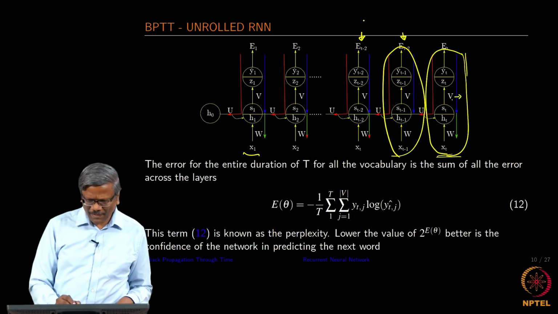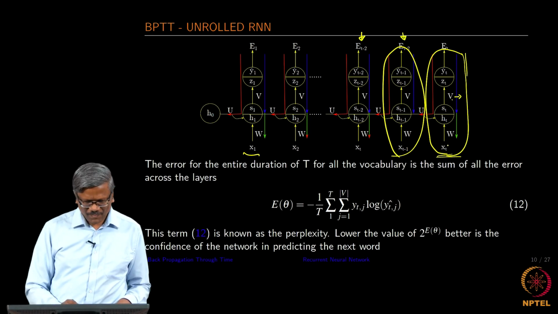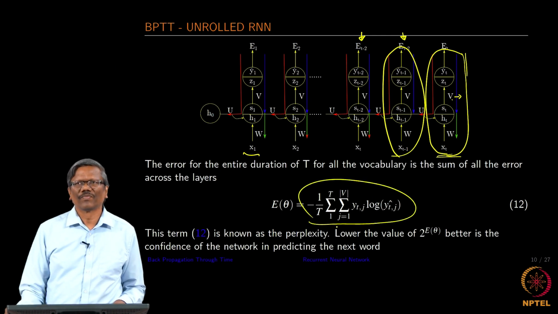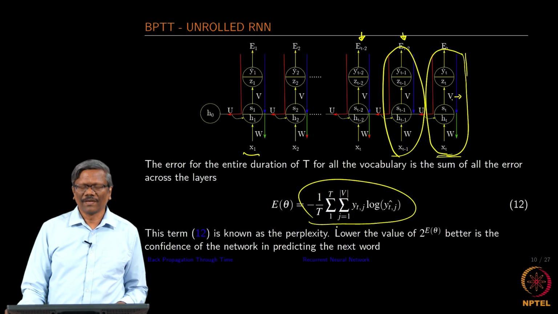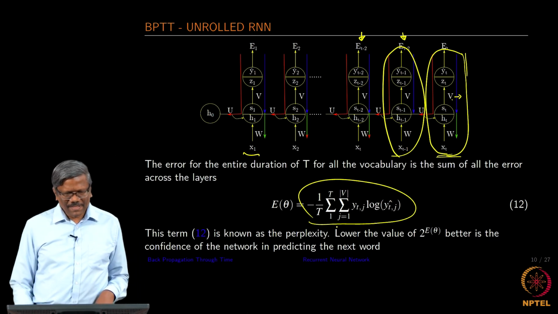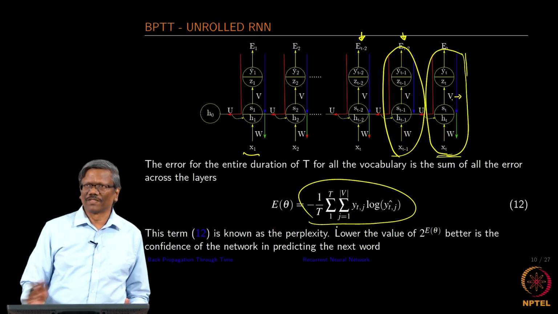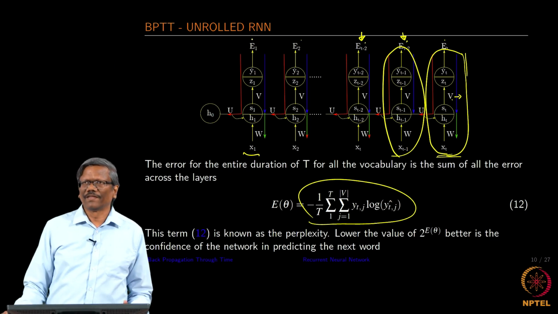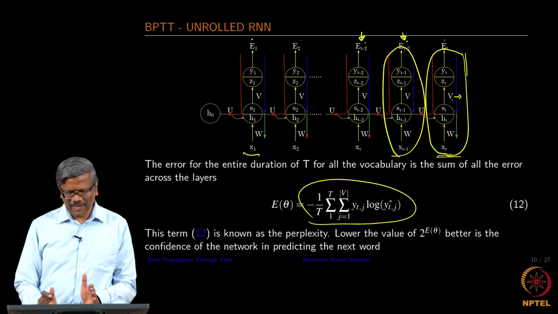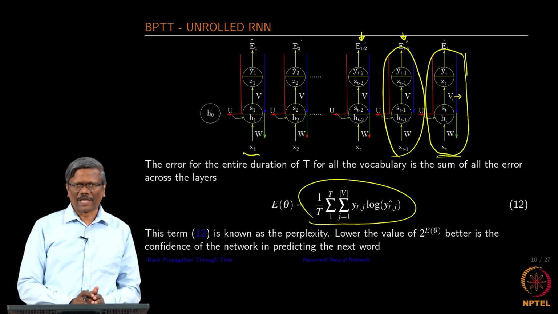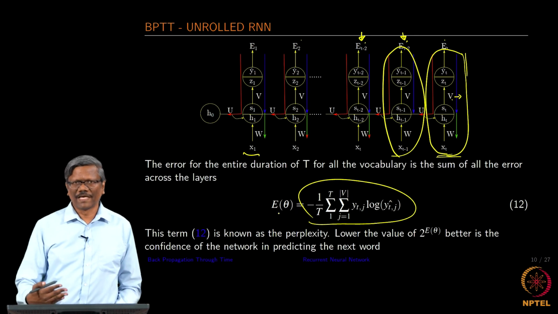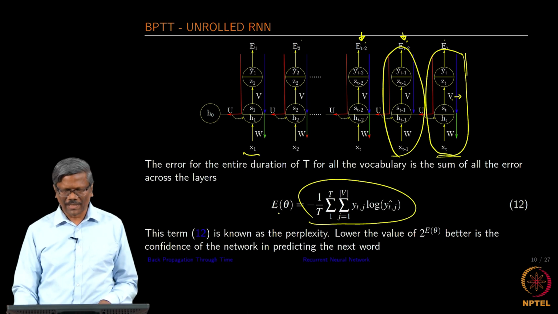The error for the entire duration t is obtained using this relationship. Okay. So, that means the error is summed across. So, every one that you find here they are summed, and then the error with respect to those parameters should be minimized. Okay. So, that is the actual aim of this back propagation through time.